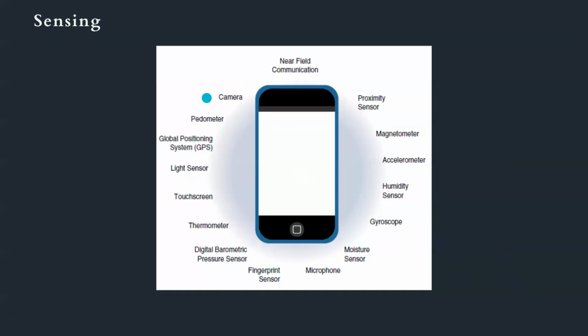Then we have navigation sensors and light sensors, touch sensors, and fingerprint sensors, likewise gyroscope, accelerometer, magnetometer, proximity sensor, near field communication, and humidity sensors. Then RFID sensors, likewise. Many sensors are embedded in the smartphone. So a smartphone is a collection of such sensors.